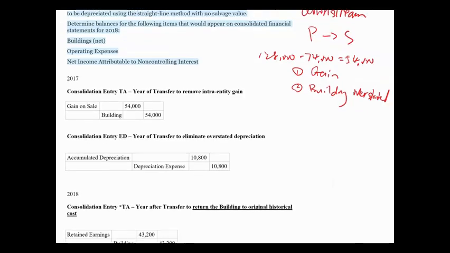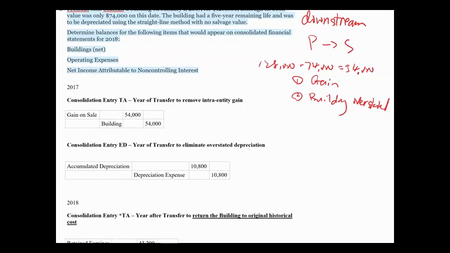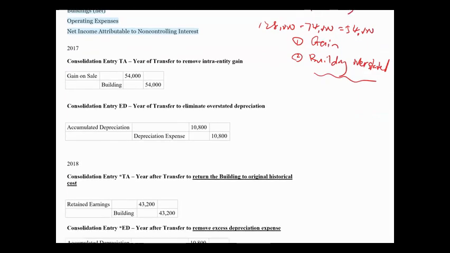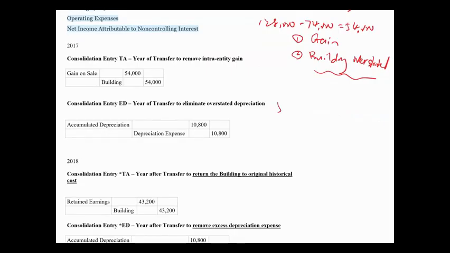And second entry is entry ED. In this transaction, we debit accumulated depreciation and credit depreciation expense. The reason we do so is that this building is overstated, which means there is going to be excess annual depreciation expense related to this overstated building. They're using the straight line method, and the overstated amount is 54,000.